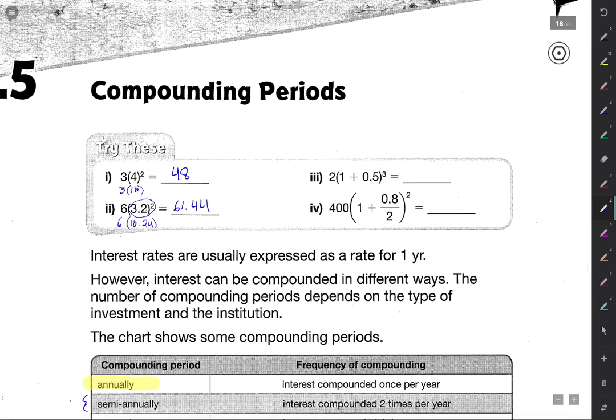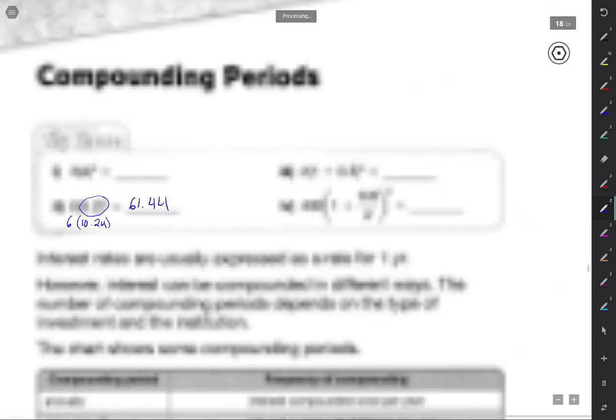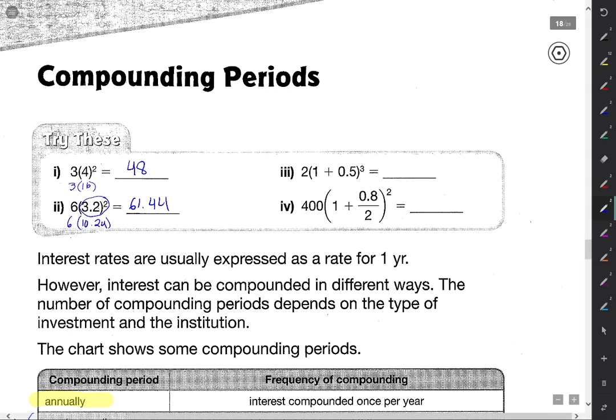For number 3, if we follow BEDMAS, we would do everything in the brackets first. So we would do 1 plus 0.5, which is 1.5, and that's going to be to the power of 3. And then that 2 on the outside is still there. So 2 times 1.5 to the power of 3.